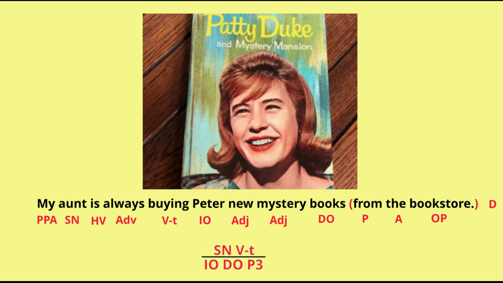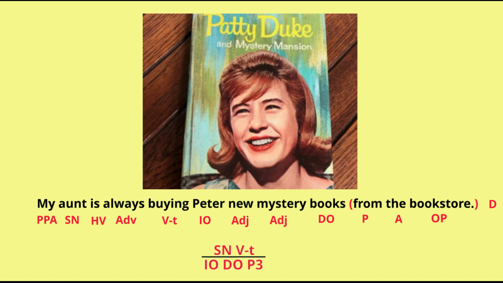Buying. So buying will be the verb. And to find the direct object, let's ask the question, what after the verb buying? Buying what? Books. So books is the direct object. Is always. Is the helping verb and always is the adverb because it is telling us when, right?